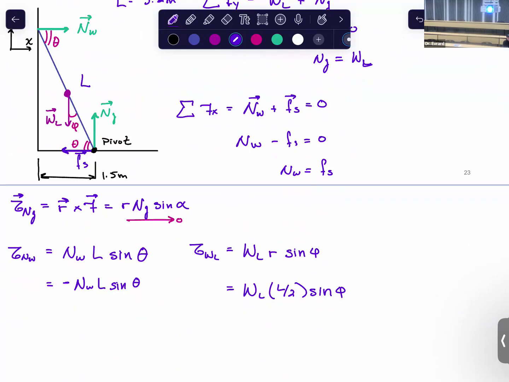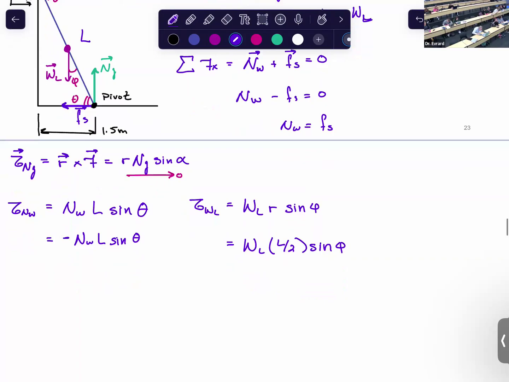Using sine, cosine. Well, think about this. We could figure out theta using cosine, because we have the adjacent side of 1.5 meters and the hypotenuse L. We can figure out theta, but we don't know phi.